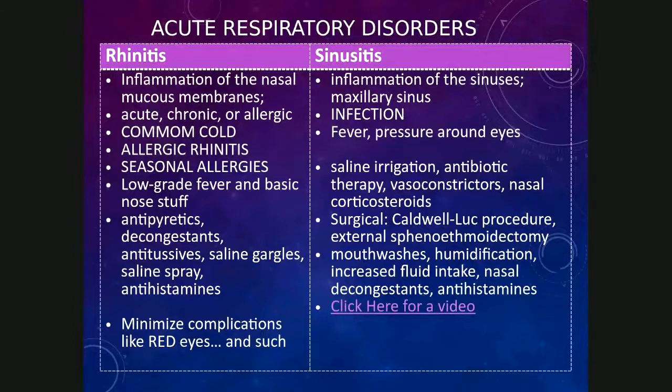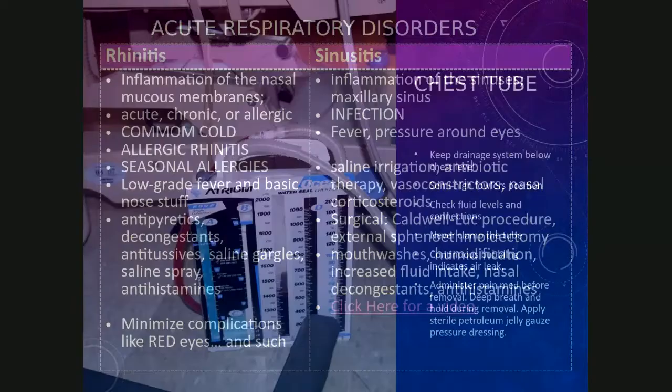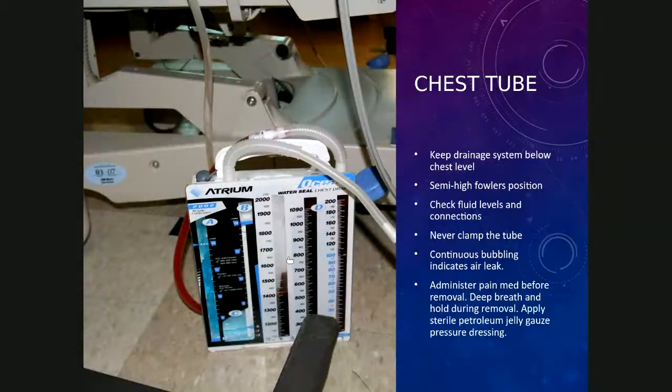And one other thing I didn't mention is when you come on shift, what you want to do is get a Sharpie and draw a line where the fluid is when you start your shift. You can even just write it down if you want. That way, during your shift, you can get a better indication of how much drainage has occurred. So let's say you marked it at 900 at the start of your shift, and then we're up over here to 1500.